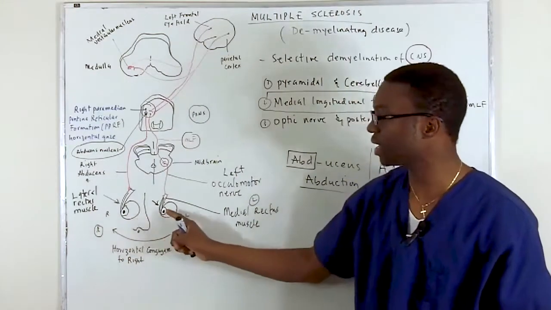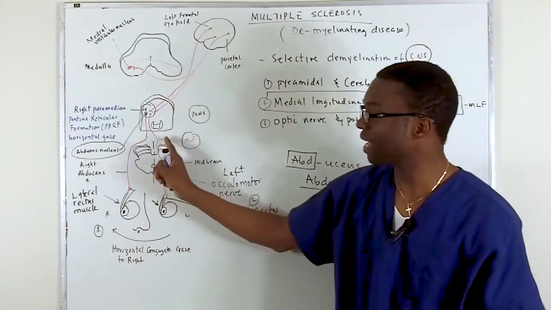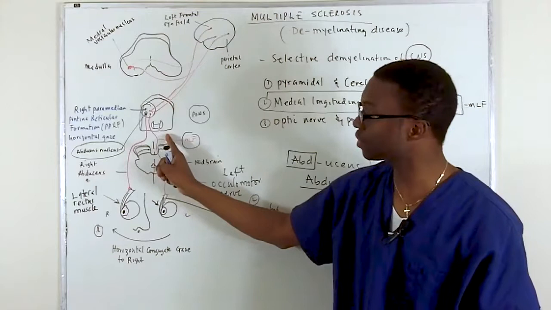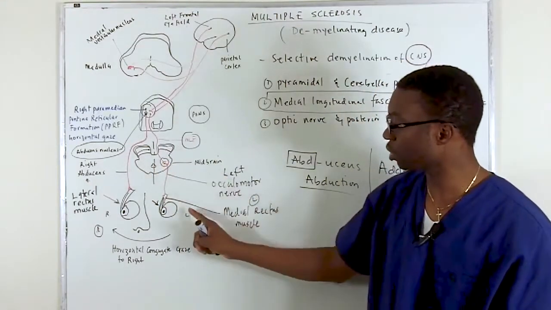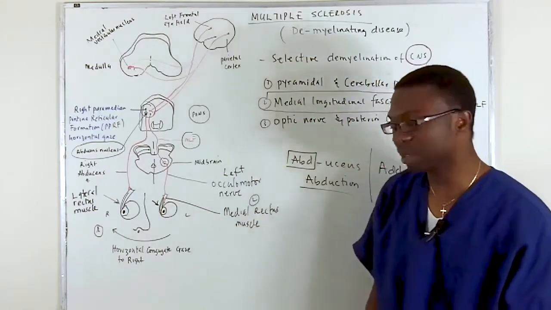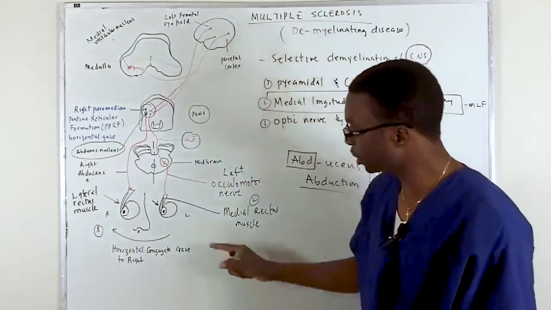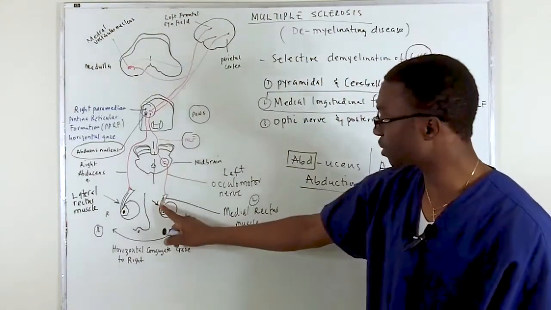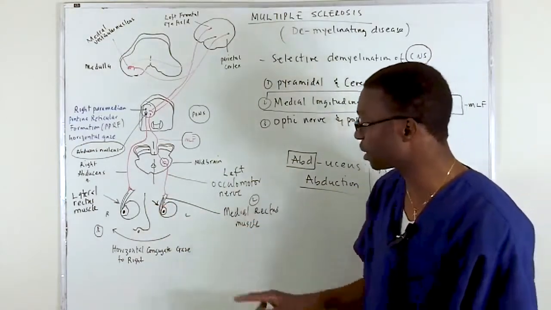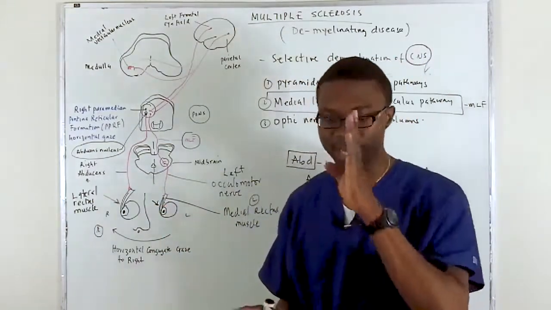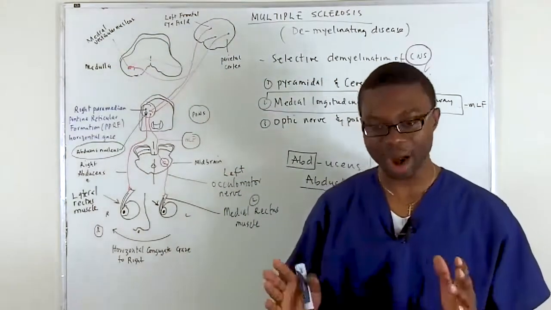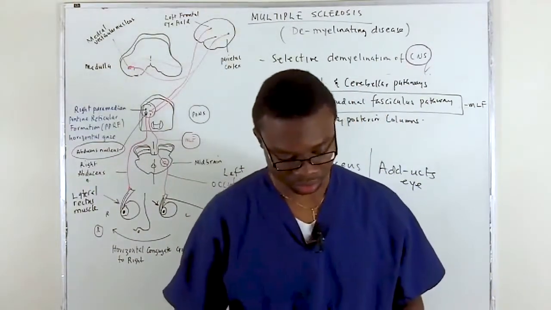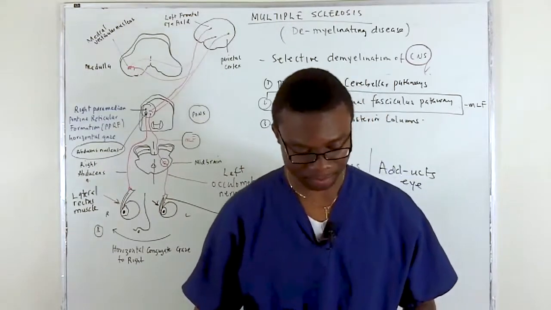I'm demonstrating that so that you can see that the MLF is going to the midbrain, activating the left oculomotor nerve to activate the left medial rectus muscle for us to be able to adduct our eyeball. And that is how we perform horizontal gaze.